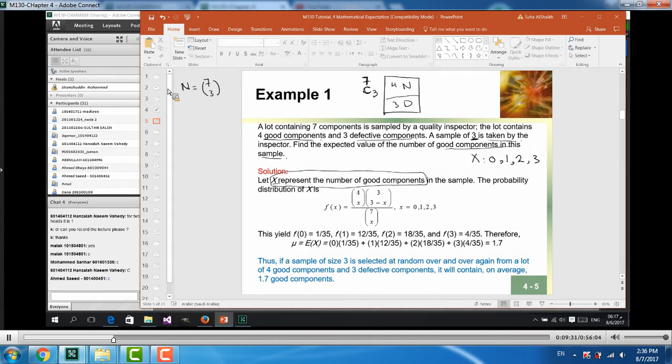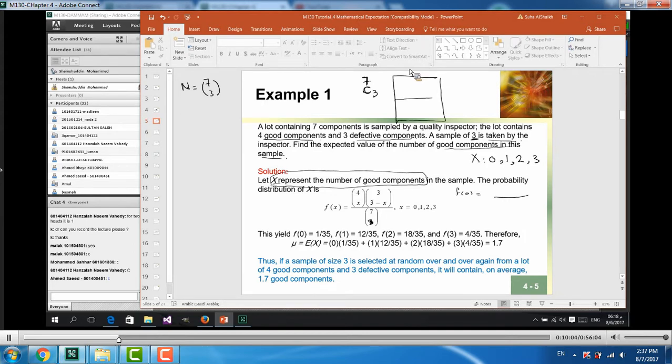Now if I take, this should be 3 here, the fx at the 0, the f at the 0 means what? It means 0 of them are good, meaning the non-good, defective. Let me call this good, not good, like this.